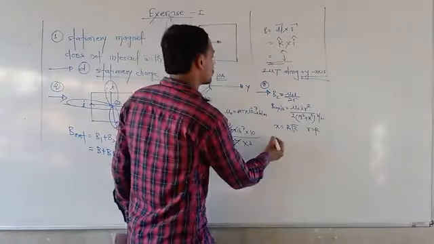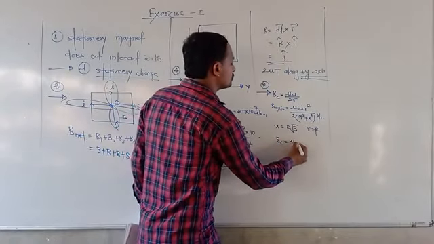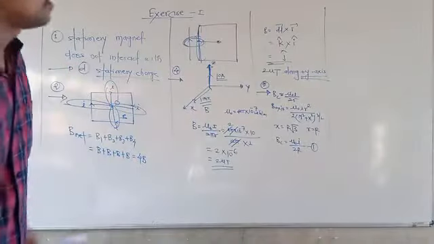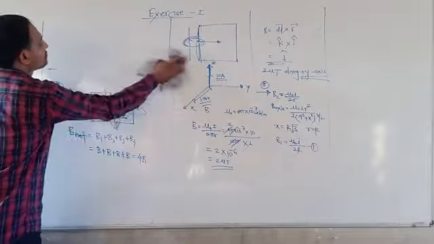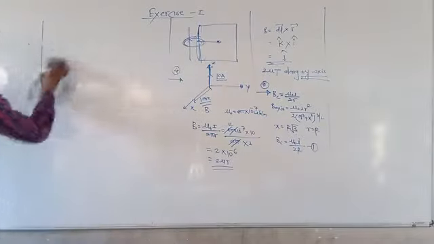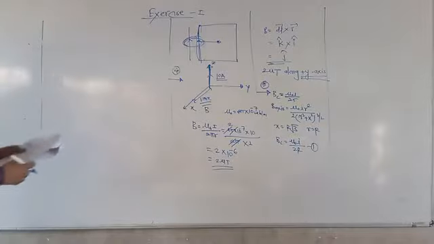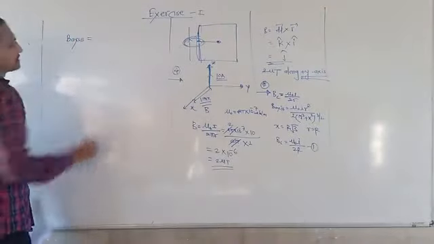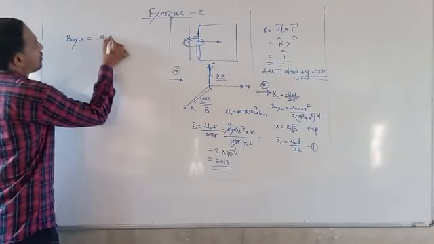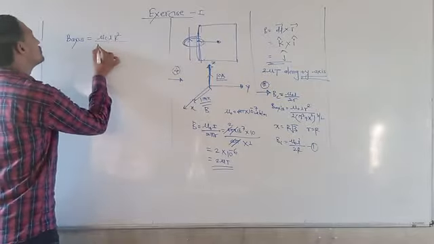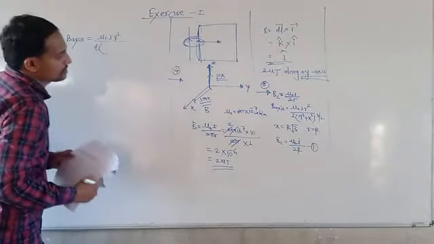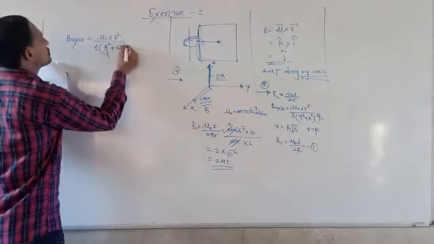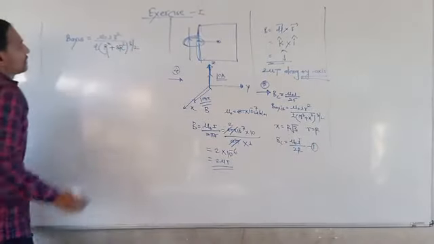So how do we solve? B center is equal to mu 0 I upon 2r. This is equation first. After that, B axis is mu 0 I r square upon 2 into (r square plus 3r square) raised to 3 by 2.